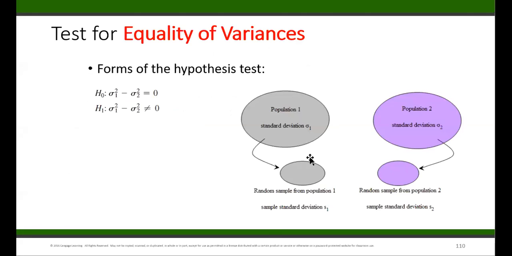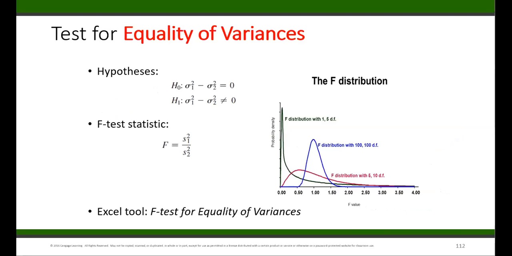We need to take two samples, one from each population, and then take the sample standard deviation or sample variance as our sample statistic. Given the sample standard deviation, we can find the test statistic F, capital F, which is simply the variance of sample 1 divided by the variance of sample 2.